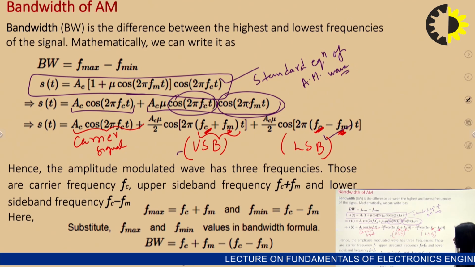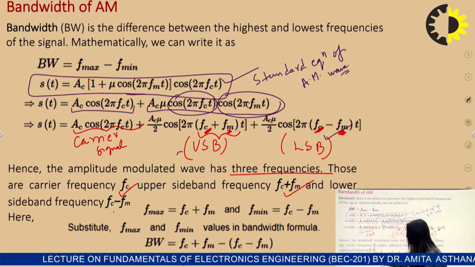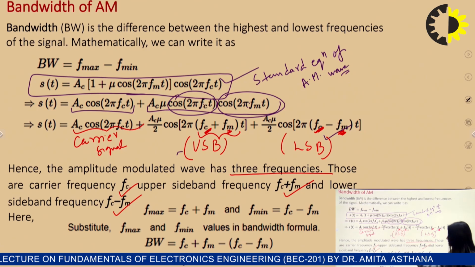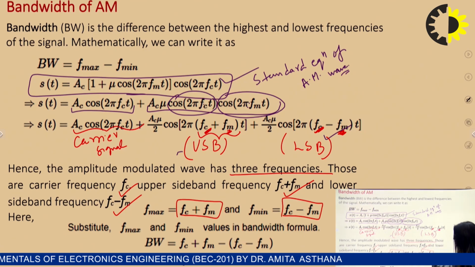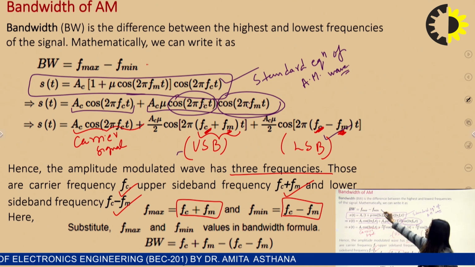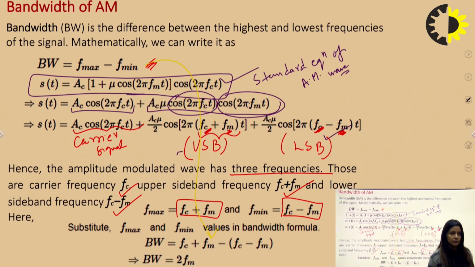The amplitude modulated wave has three frequencies now: FC, FC plus FM, and FC minus FM. So F max is FC plus FM, and F minimum is FC minus FM. And now I can calculate the bandwidth. By using this, we can get the bandwidth to be twice of FM.